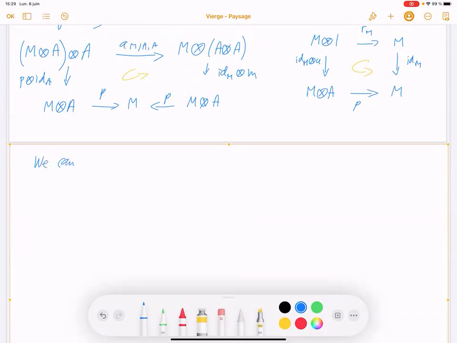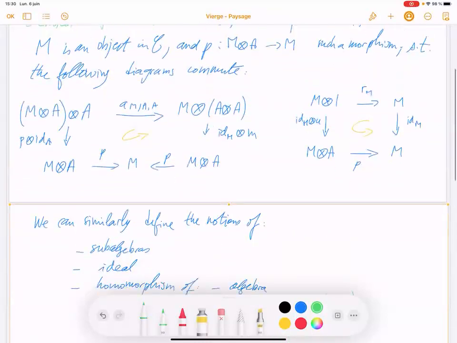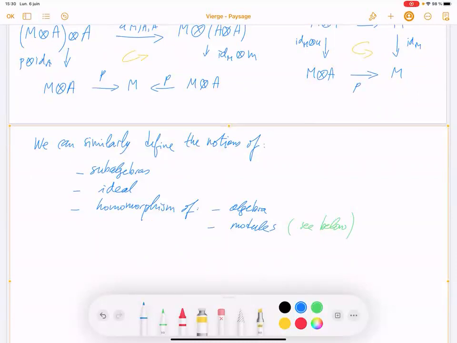So they can be defined similarly as the definition of right A module.